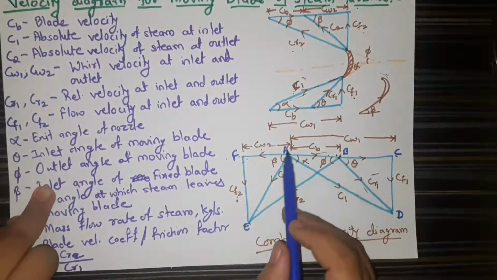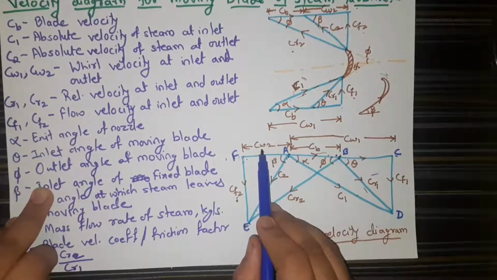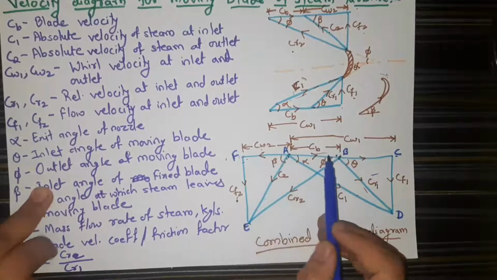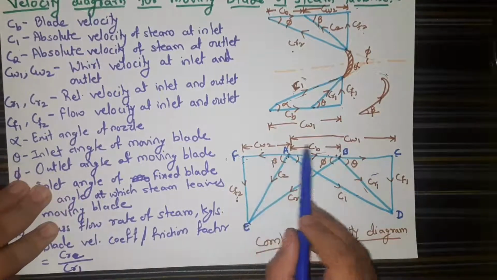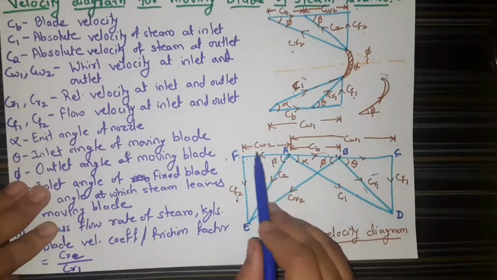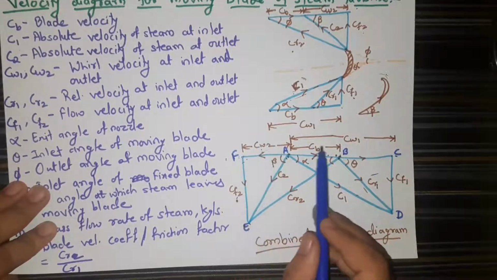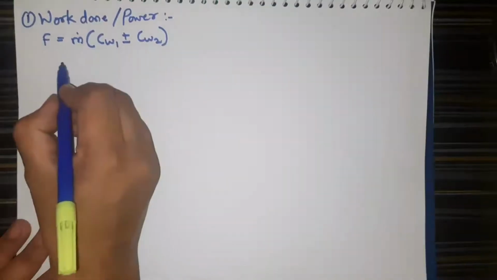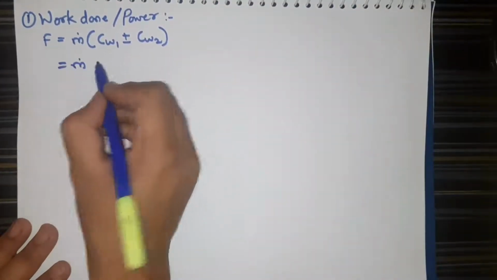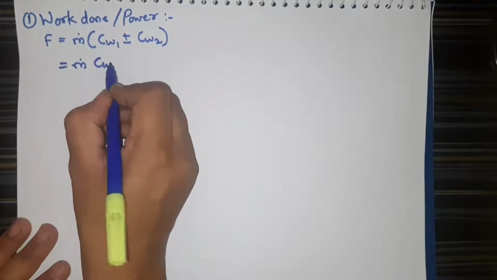So instead of writing CW1 plus CW2, we can write it simply as CW, that is equal to CW1 plus CW2, or based on the direction of CW2, that is CW1 minus CW2. So we can write here m dot into CW.